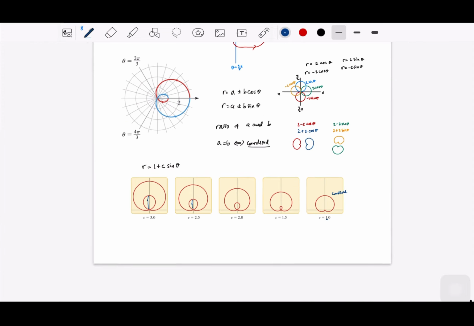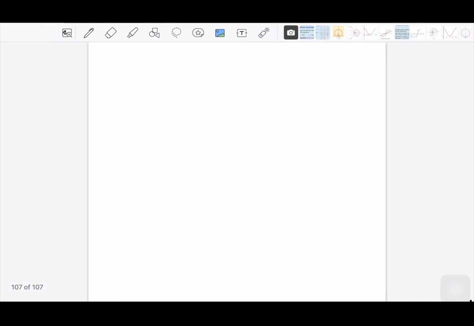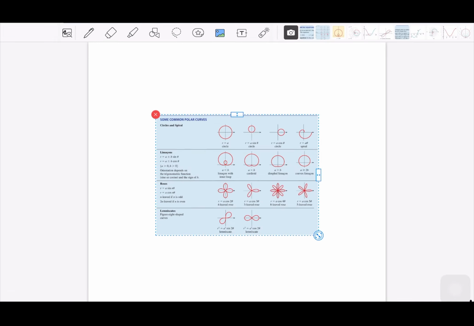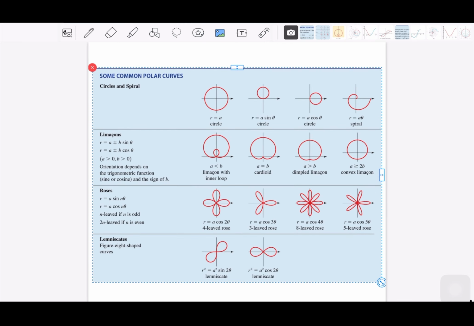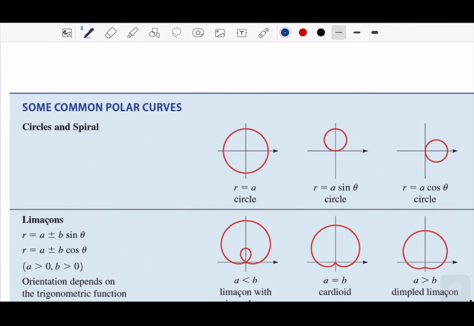Now we are going to see the summary of all the possibilities of the polar curves. So we have a circle, a normal circle, r equal constant.